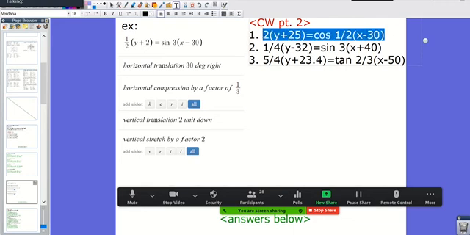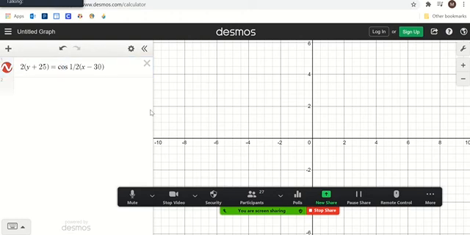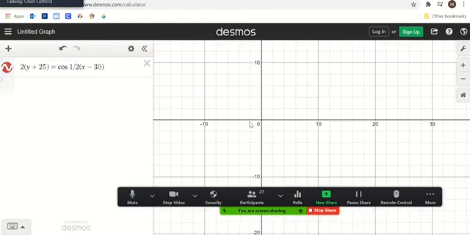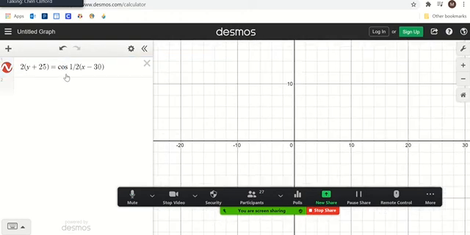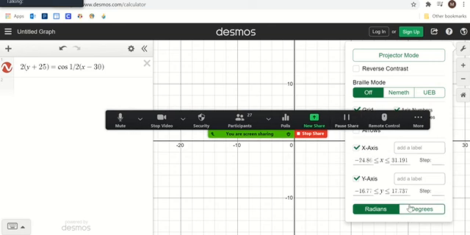Okay, and I'm going to change one small thing up. So this is how the problem currently looks. Let me change this to degrees.